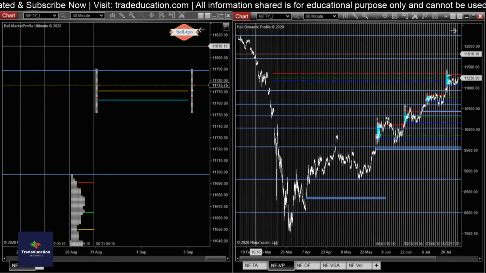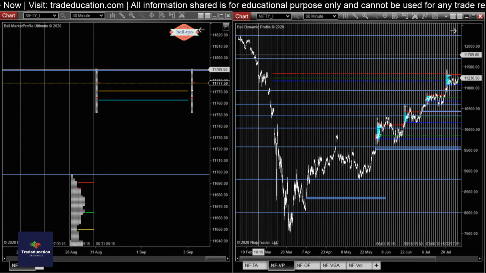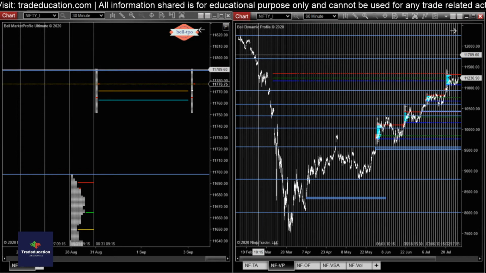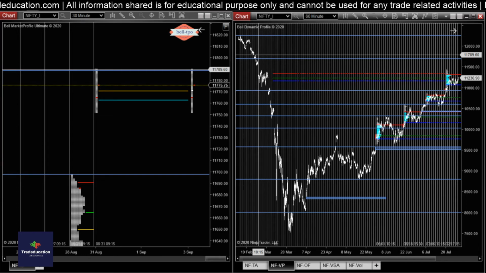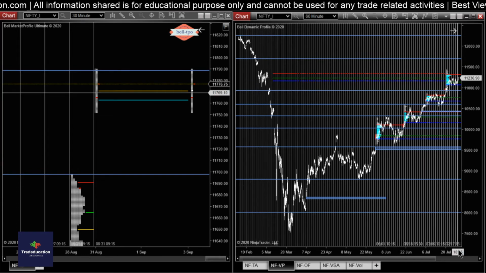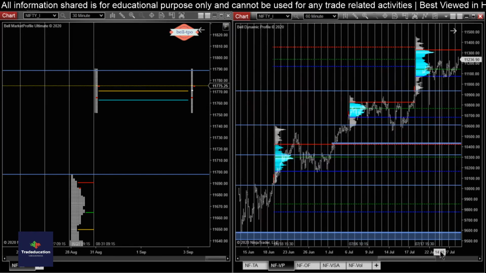Okay, so if you see, this is that zone. This is where a sort of HVN was there. So that's how I was able to tag that zone.